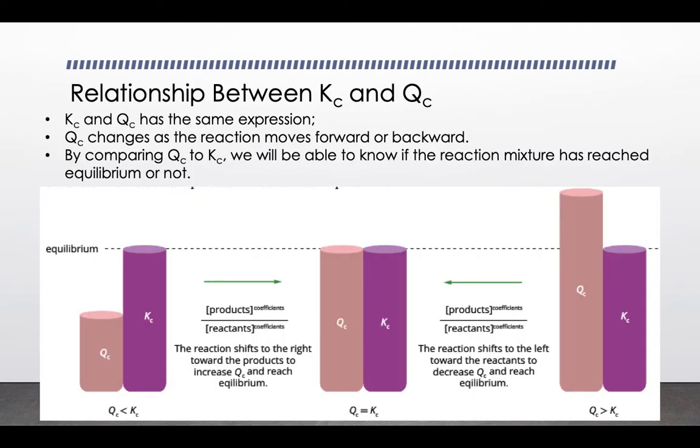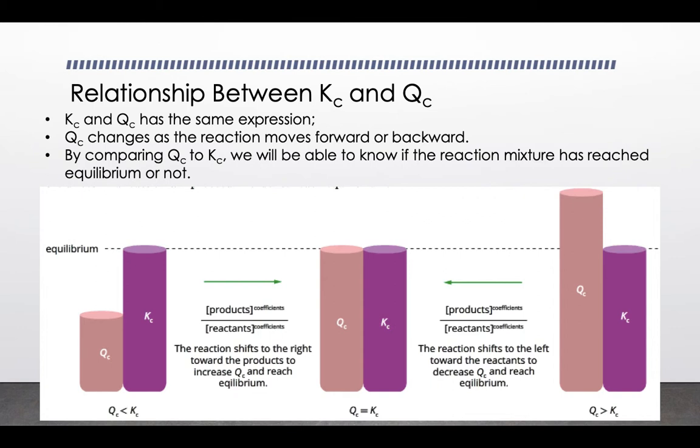Now, so why do we even need QC then? In a practical sense, when we have a reaction that goes really slow, we don't really know if it has reached equilibrium or not.